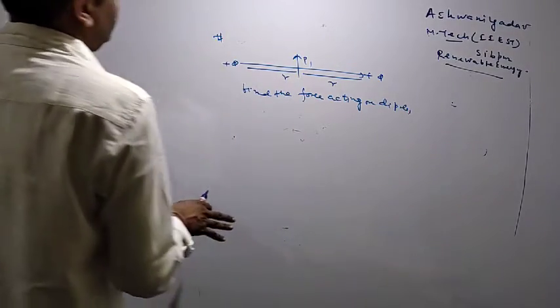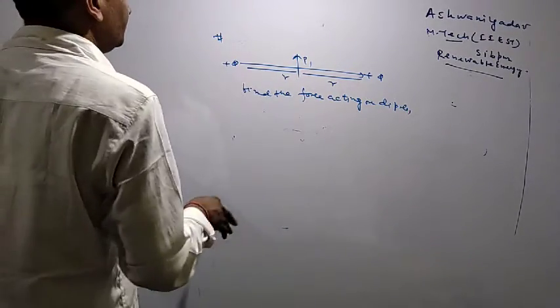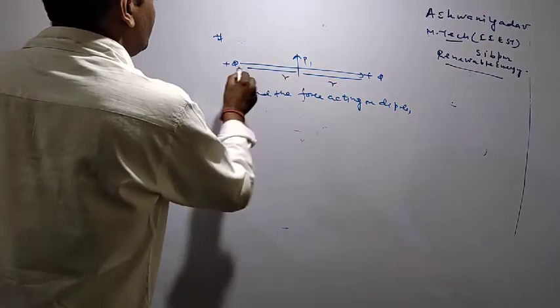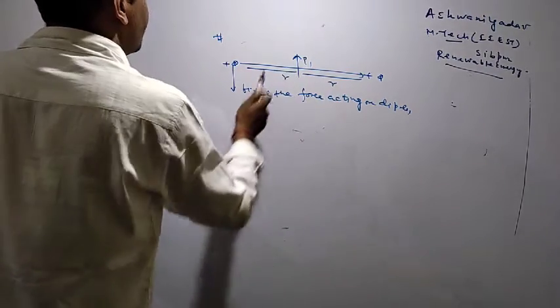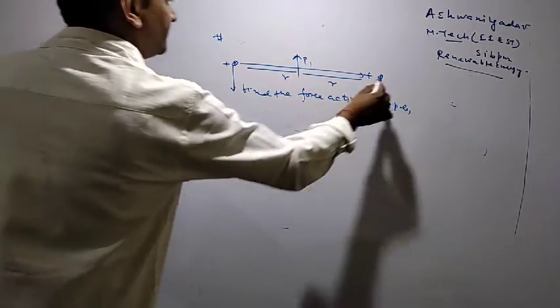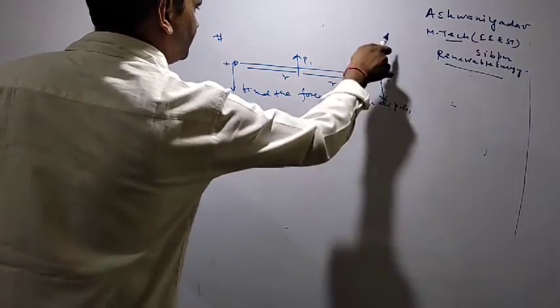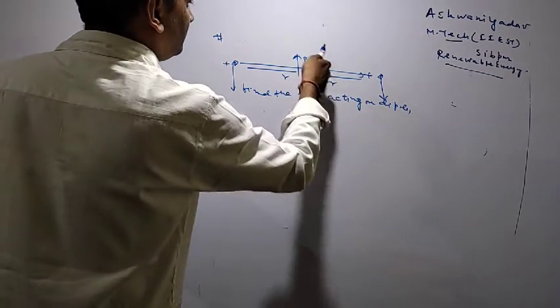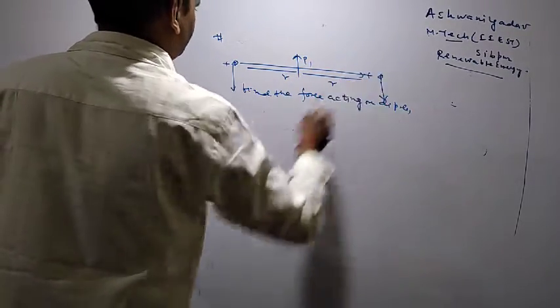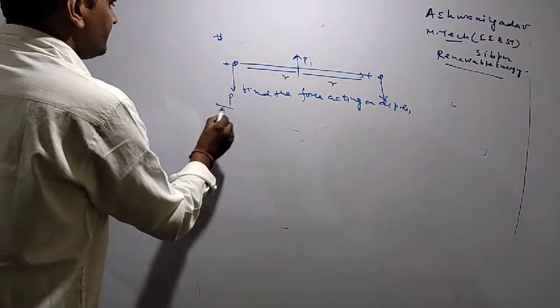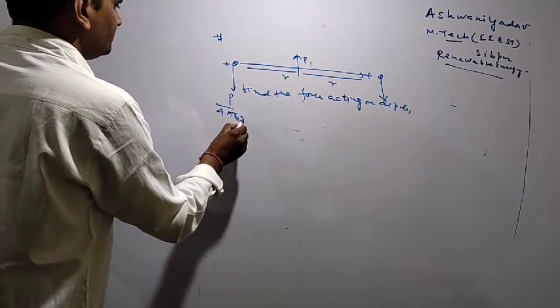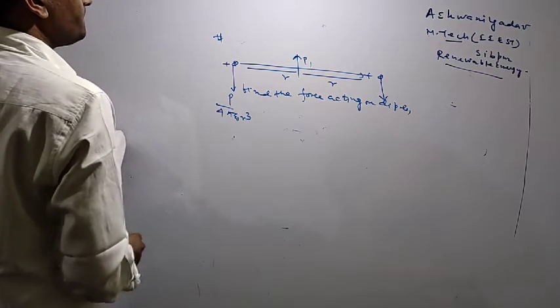Again with the same concept, the electric field produced by the dipole is in this direction, opposite to the dipole moment direction. We have P by 4 pi epsilon naught R cube.